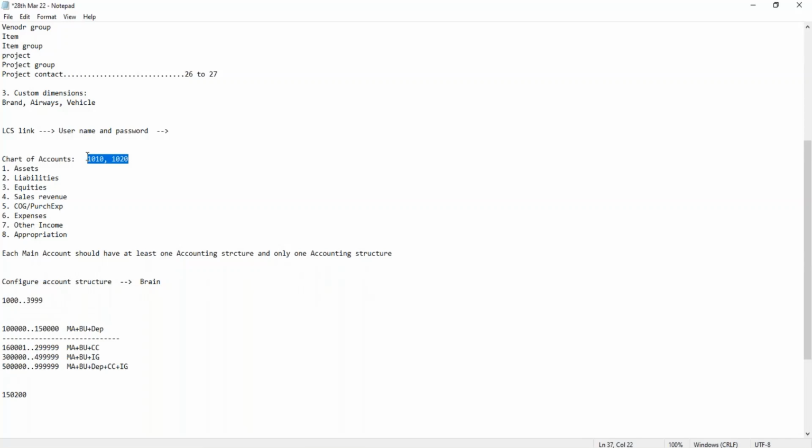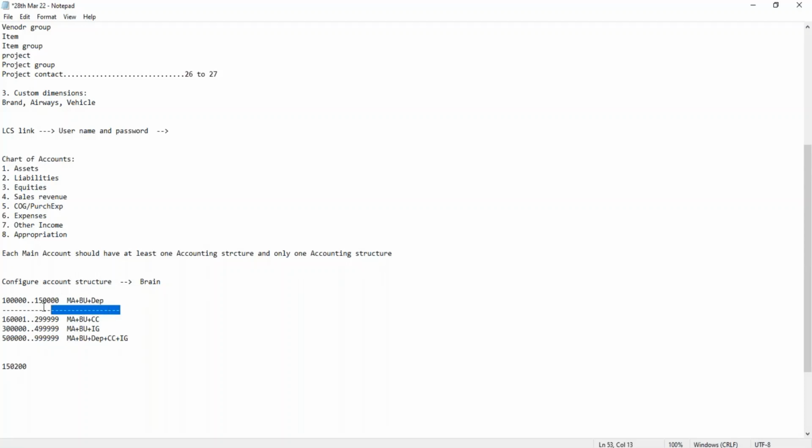Whatever you are defining in the chart of accounts, based on that you define it here. We are using 6 digits. If you are using 4 digits, you can use 4 digits; if you are using 5, you use 5. The best practice is 6 digits.